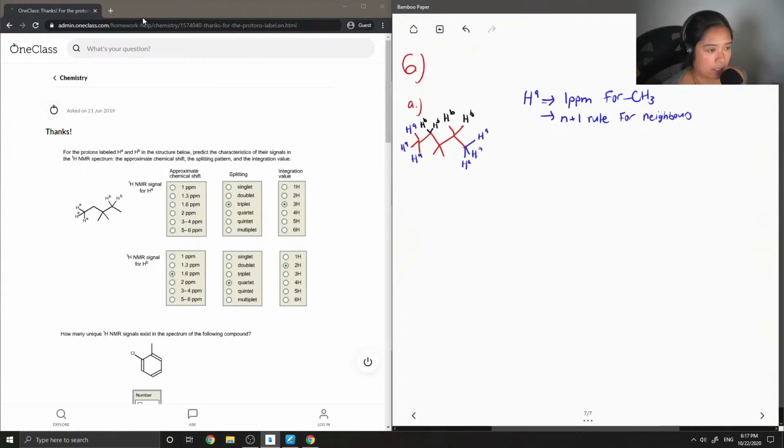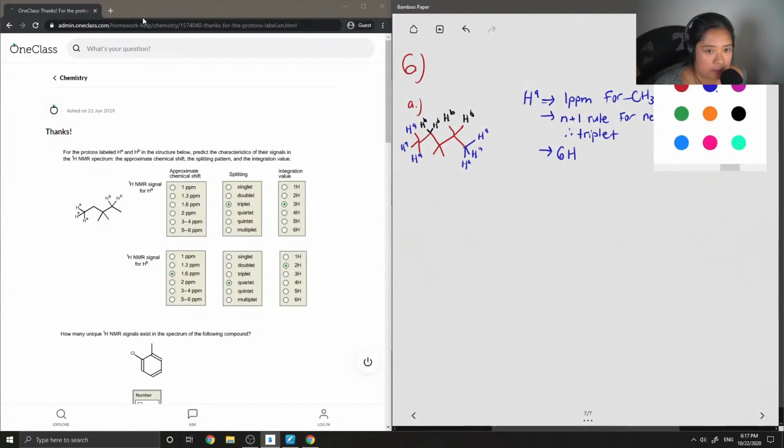So for HA, there are 2 neighbors beside it, so 2 HBs. So if we do n+1, you'll get a triplet as the splitting. And then lastly, for the integration value, there are 6 HAs present, so therefore its integration is 6H.